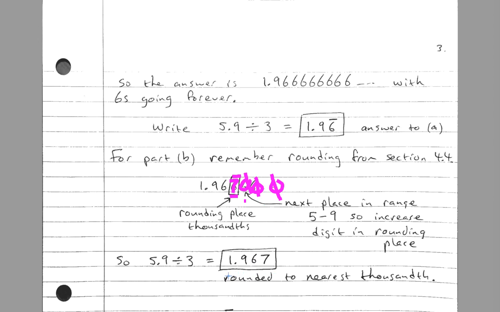So this is the rounded answer, 1.967. And that's rounded to the nearest thousandth, so correct to 3 places. So maybe review that section 4.4 if that was a bit mysterious.